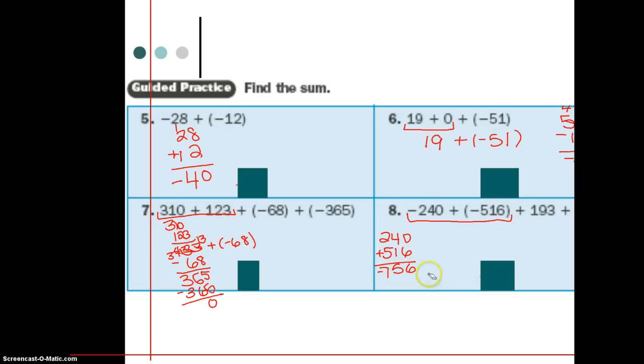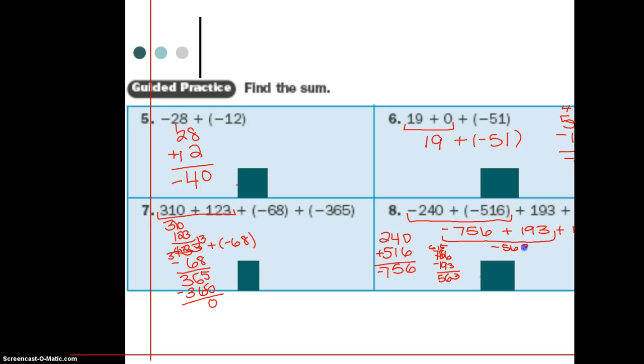And what happens when you have a negative plus a positive? This is negative. Again, if you need to rewrite the problem so you see it, do that. So now we're here. We are subtracting. So 756 minus 193. You have 3, 15, 6, 5. And then, which one's bigger? Negative 756 because it has a greater absolute value.